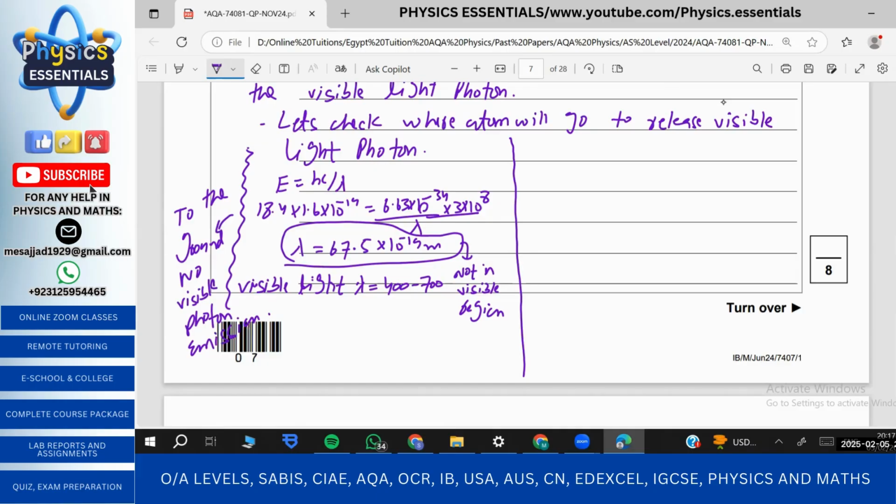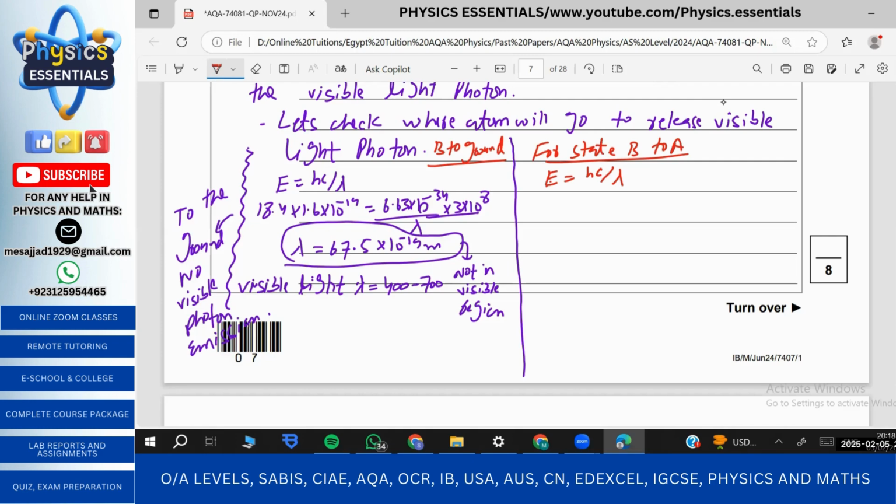Now let's check for A. For that, let me change the color for state B to A. This was from B to ground. Okay, so again, you will calculate the value for wavelength. Okay, and you have to check the difference between the energy level of B to A, right?